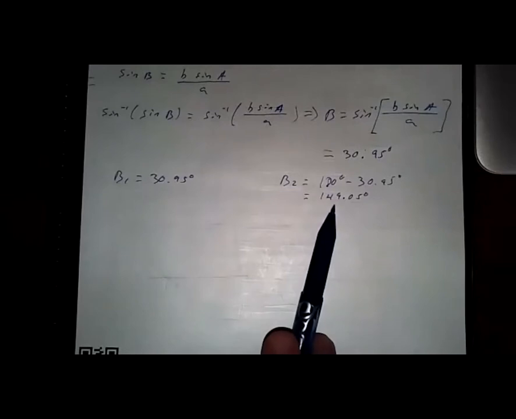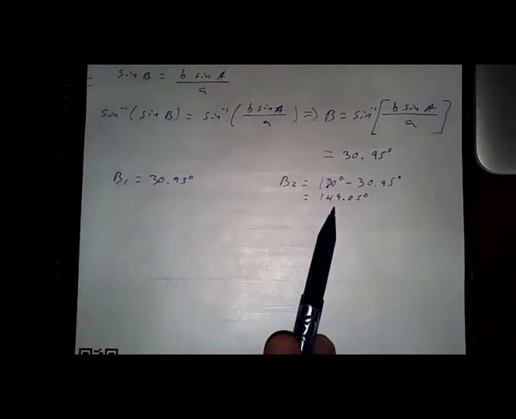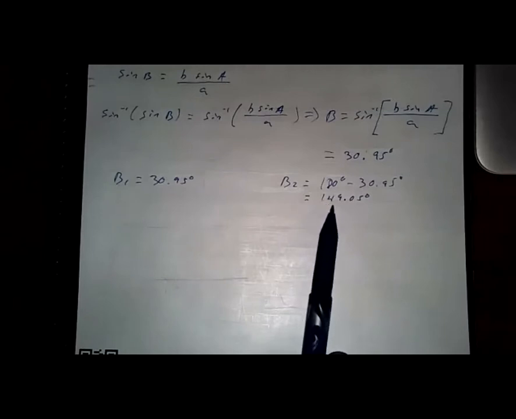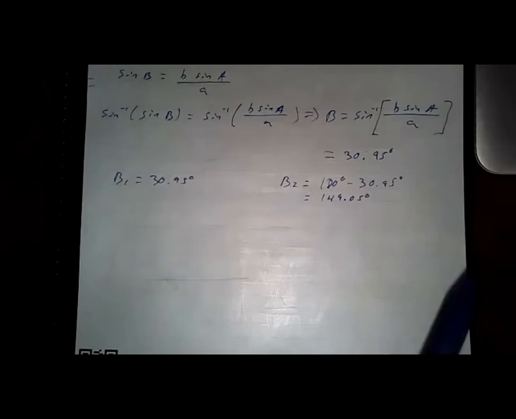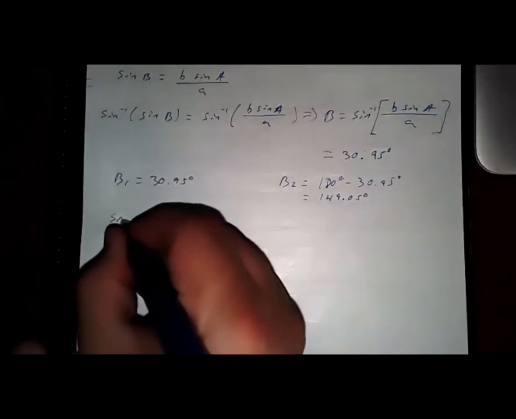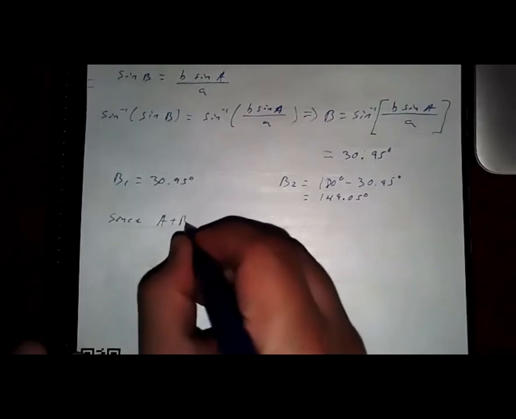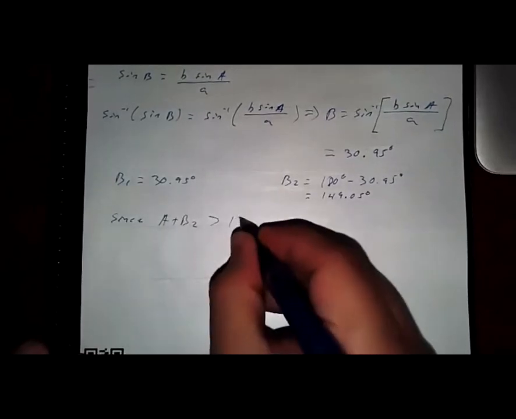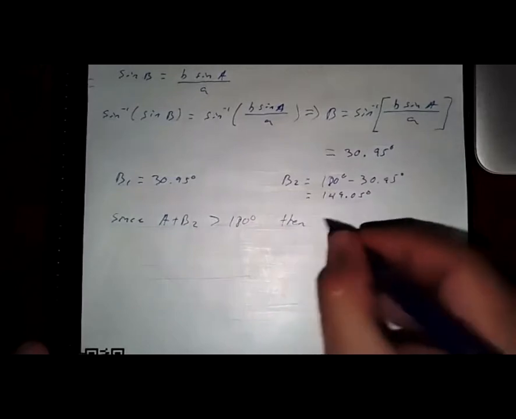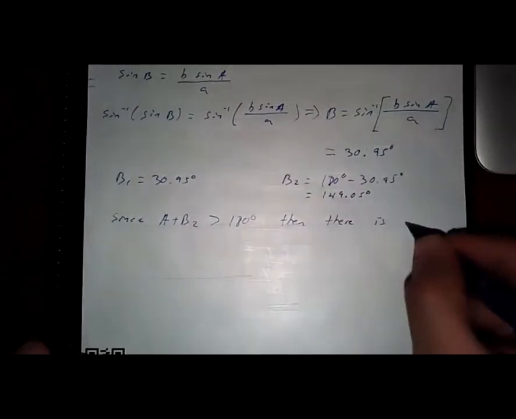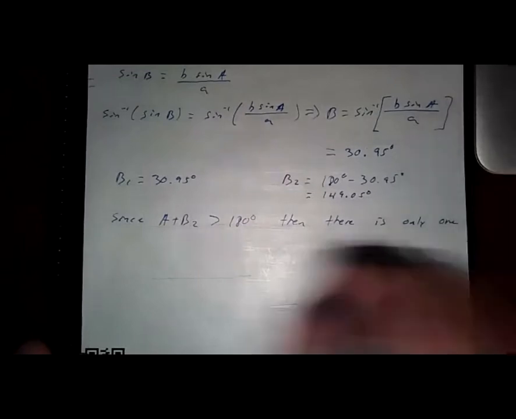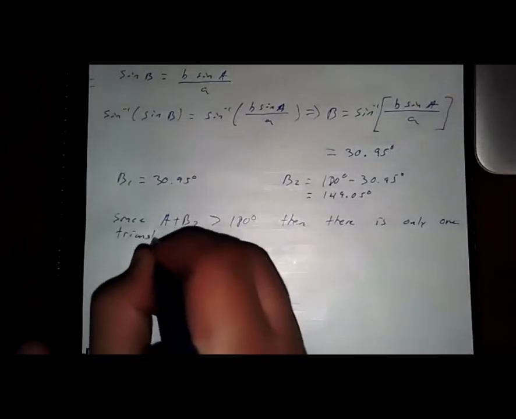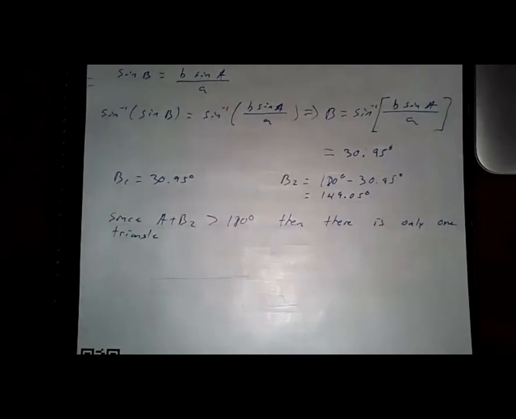If I add A to B2, is that more than 180? 40 plus 149, what would that be? Like 189. Since A plus B2 is greater than 180 degrees, there is only one triangle. So we don't have to worry about finding B1s and B2s. We will only use this one.